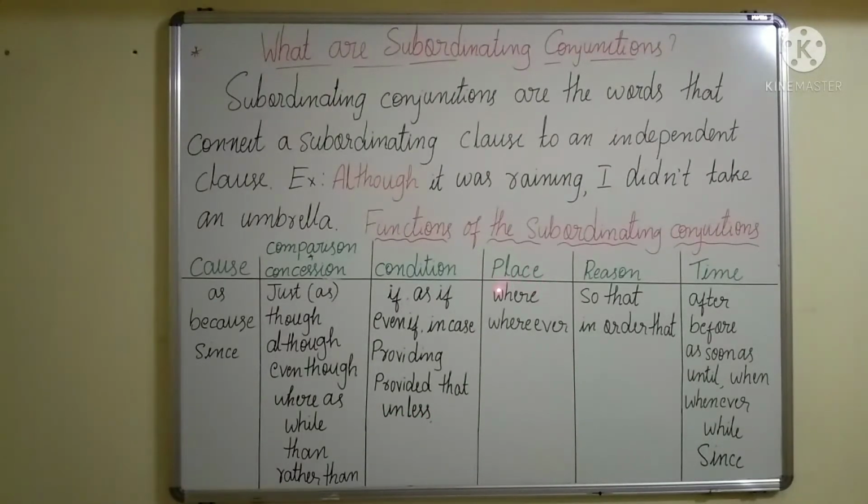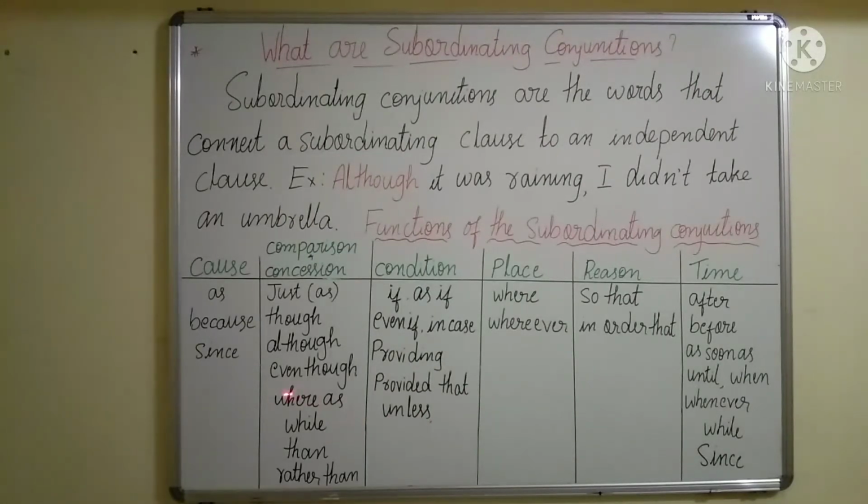In place, we use the conjunctions where and wherever. In the case of reason, so that and in order that. When we come to time, for this function we use the conjunctions after, before, as soon as, until, when, whenever, while, since, and so on.